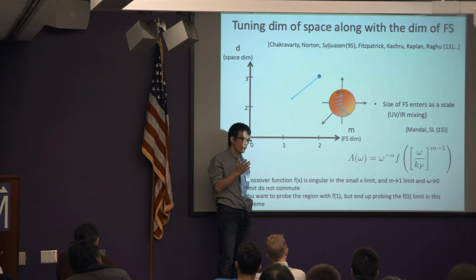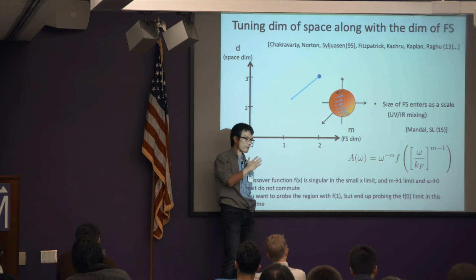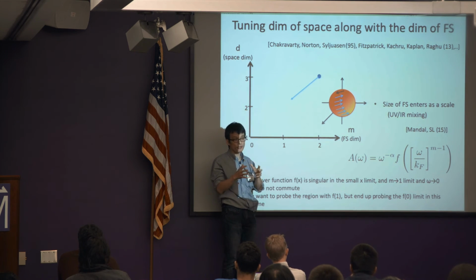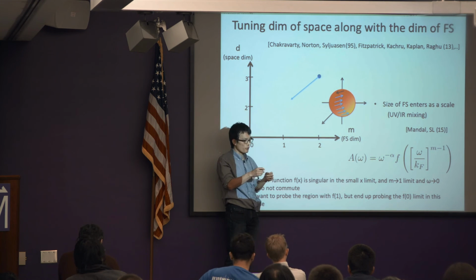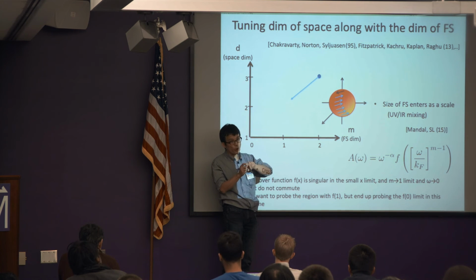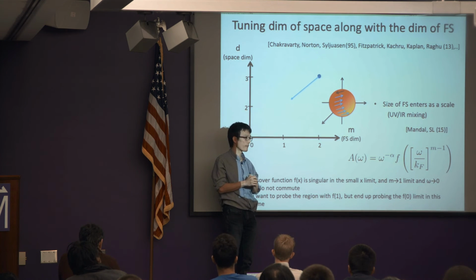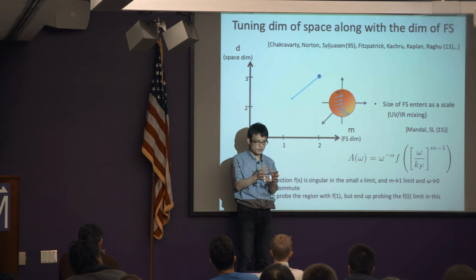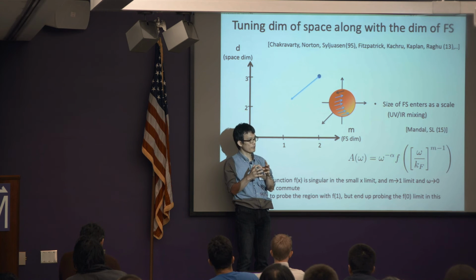The emergent locality in momentum space that I explained before is true only when the dimension of the Fermi surface is 1. And as soon as the dimension of the Fermi surface becomes greater than 1, then in order to understand even the local properties in momentum space, you need to know the entire Fermi surface. For example, at this point, you have a 2-dimensional Fermi surface in 3-dimensional space, right?